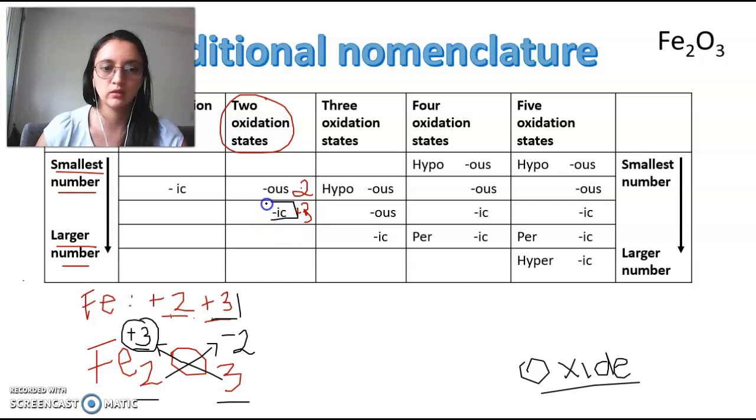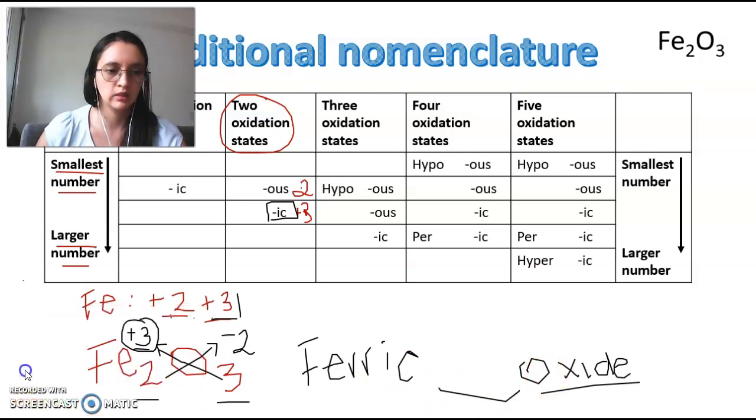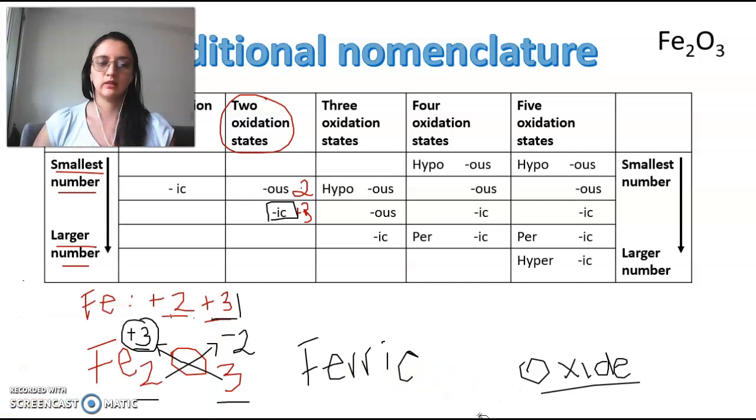So ig is the suffix that I'm going to use. So it's going to be ferric, and then oxide. Okay, so these two go together. Sorry, I wrote them a little bit separated, but that's the name. Ferric oxide, and that's it.